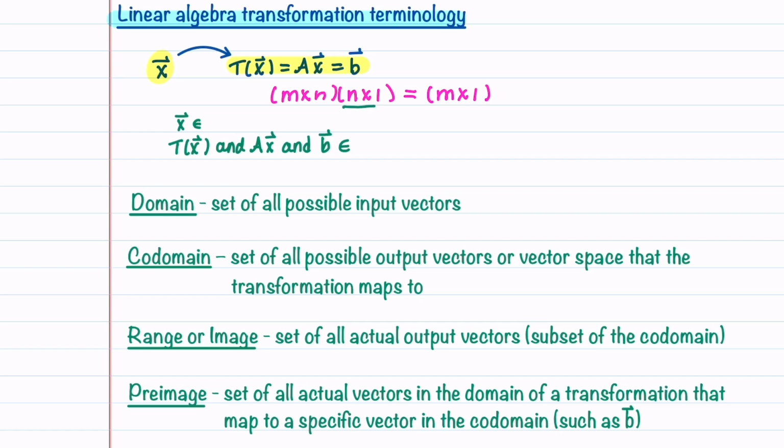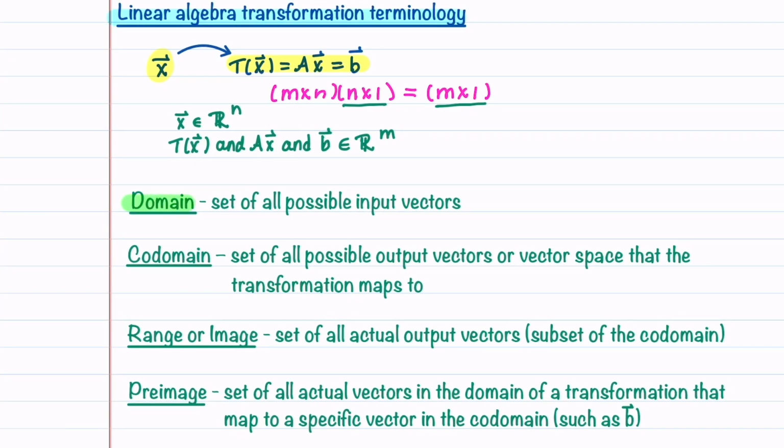This means that x is an element of Rn, and then T of x and Ax and b are elements of Rm. The domain of a linear transformation is the set of all possible input vectors.